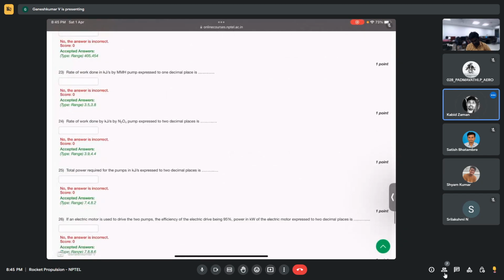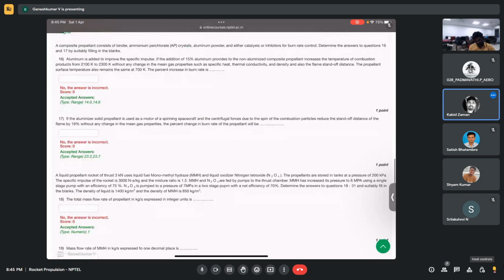It's all about monomethyl hydrazine and N2O4. N2O4 is being pumped by a two-stage pump with a net efficiency of 0.7. That is what is given. So it is a two-stage pump, and I'm a little confused with this one.